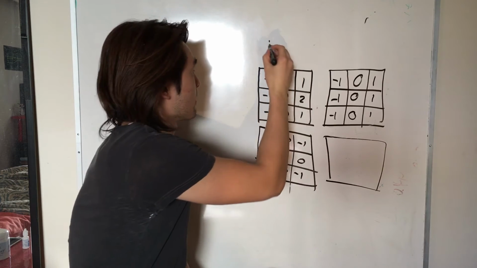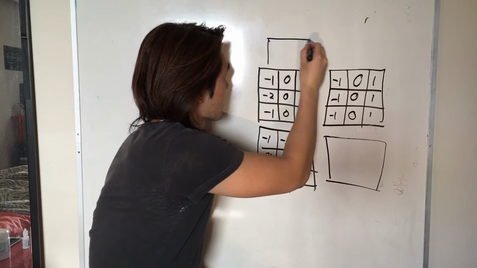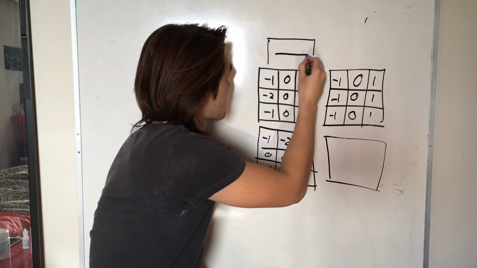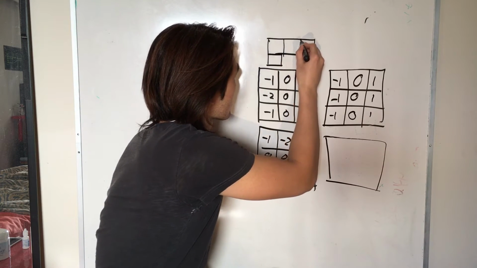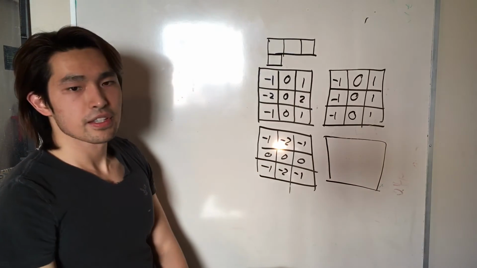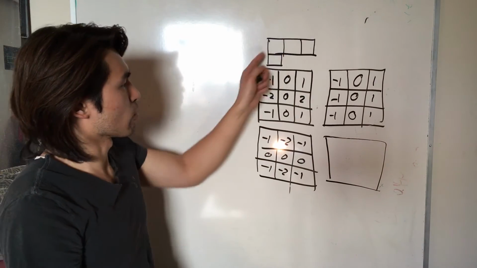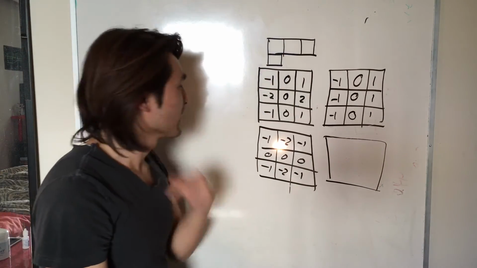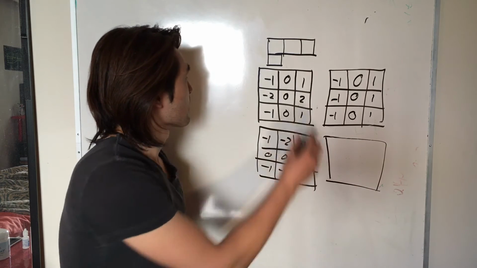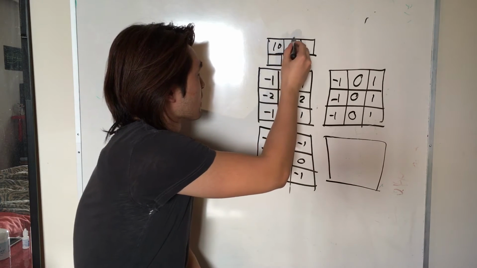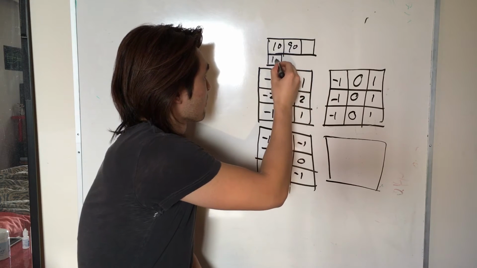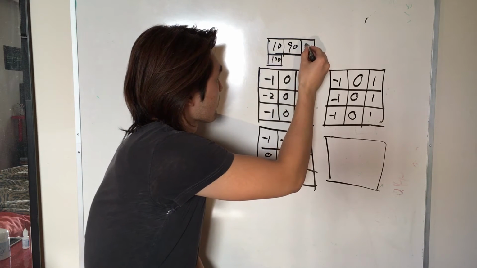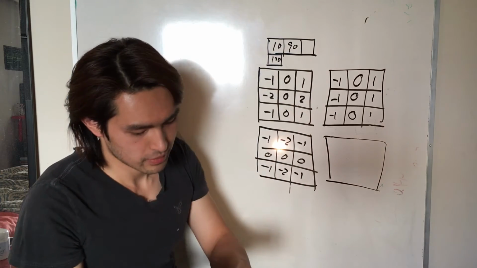This might be out of frame, but I'll try my best. This is your little weird 4-pixel image. So suppose you have some possibilities. Actually, that's a bad example.